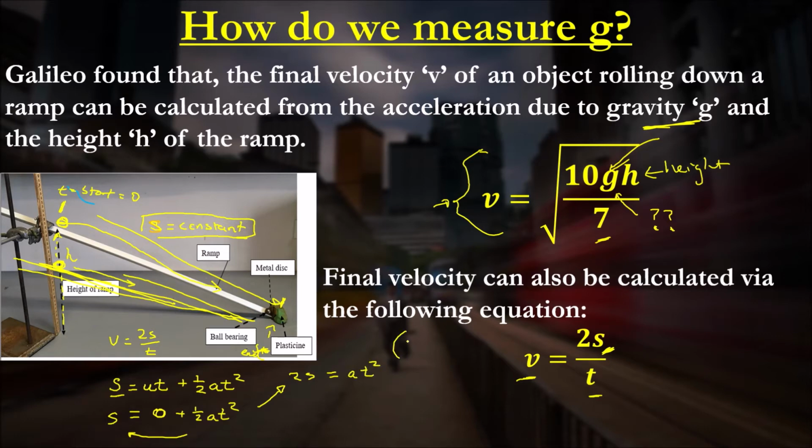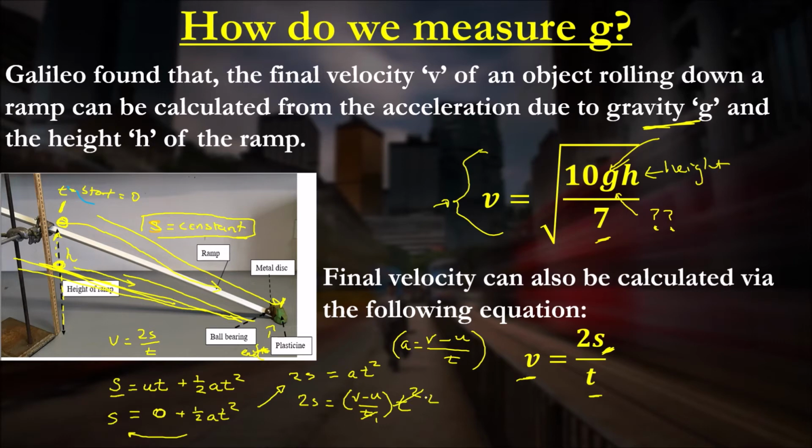We know that acceleration is equal to final velocity minus initial over time. If I substitute that into my equation, this is what I get here. For those of you who are quite mathy, you would know that 1 over t times t squared, they will cancel each other out.